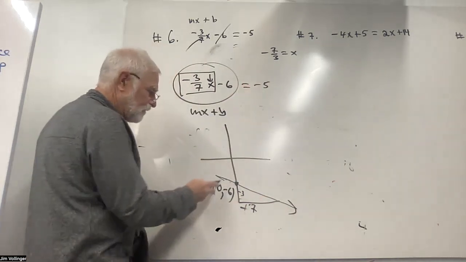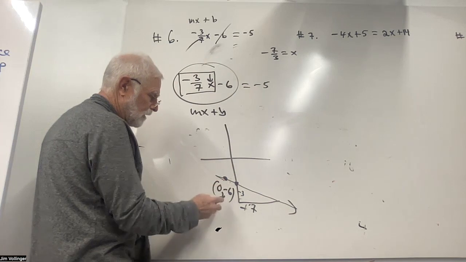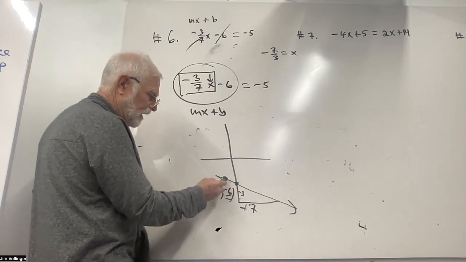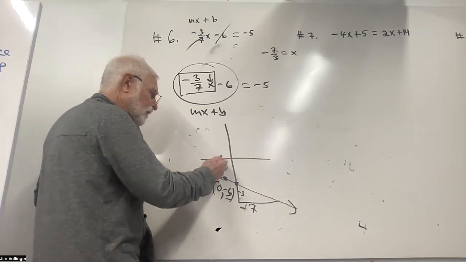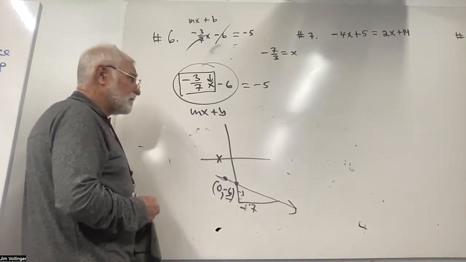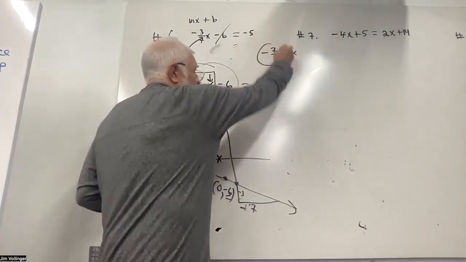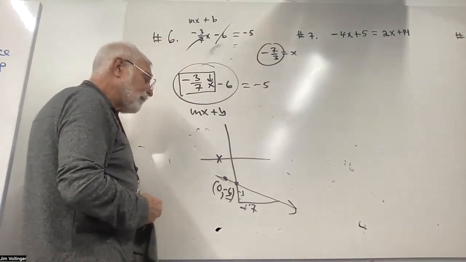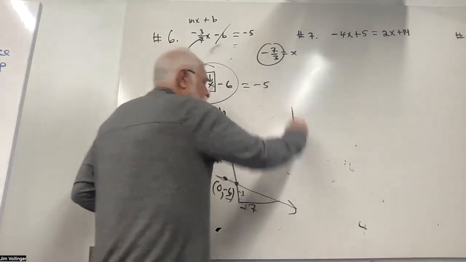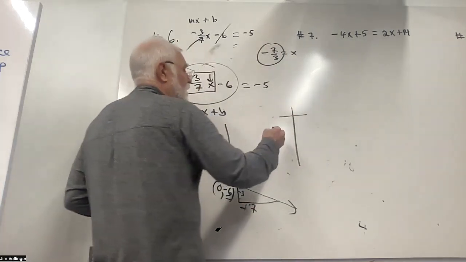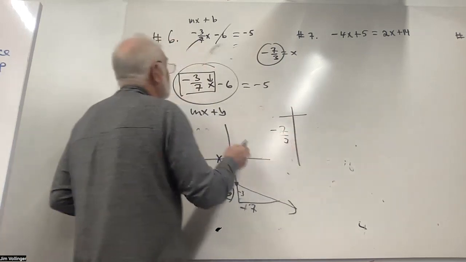Well, negative 5 is over here, right? That's a height of negative 6. Negative 5 is above it, and we're looking for that x value. Does it seem like minus 2 1/3? Yeah, it's reasonable.